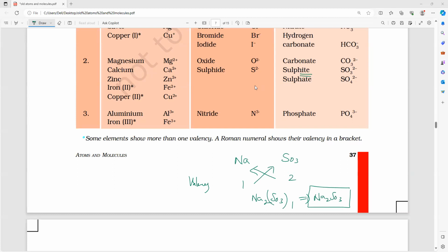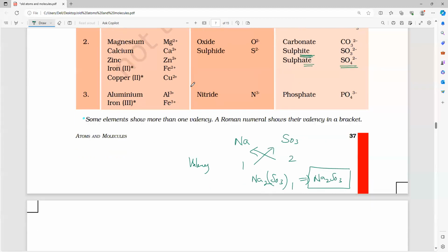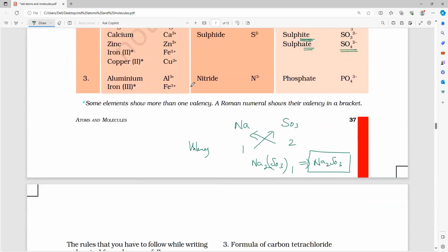Clear, everybody? If it is sulfate, what will come? SO4 will come. Sulfite, SO3 will come. So be very specific about what you are learning. Sodium sulfite is Na2SO3, sodium sulfate is Na2SO4. Be very careful.